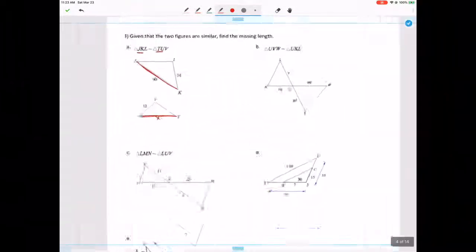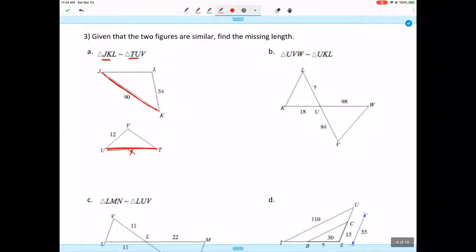We're going to make this ratio, and we know that this ratio is going to be the same for all the corresponding sides. So here we've got x divided by 90. And this ratio has to be the same as for any other corresponding sides. So another corresponding side, let's do 12, and it's UV, and the corresponding side is KL, which is right here.